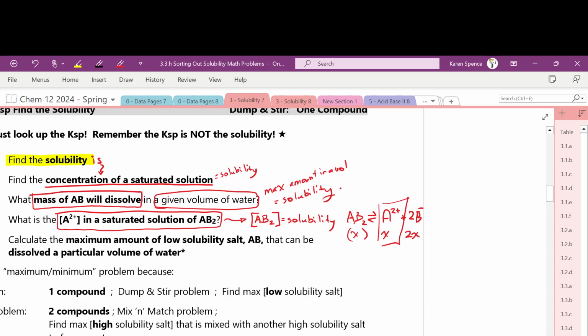Now here's a tricky one because it uses the word maximum, and people look at it and they're like, oh, that's a maximum problem. It's got the word maximum in it. But you have to think, it's not the maximum of salt A that can be dissolved in a solution of salt B. This one is the maximum amount of salt AB that can be dissolved in a volume of water, not another salt.